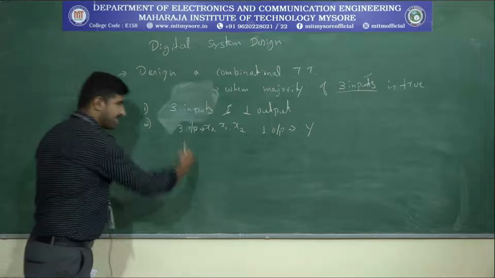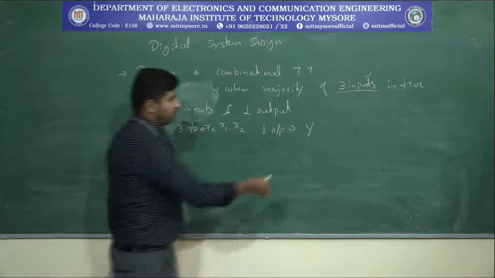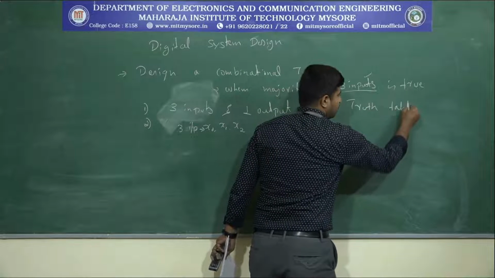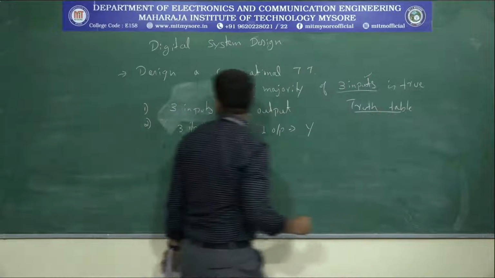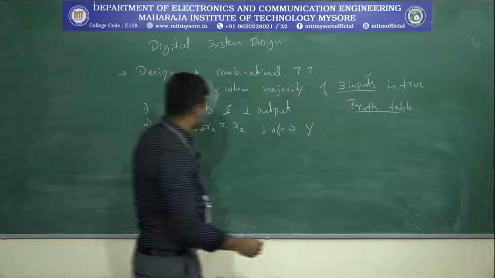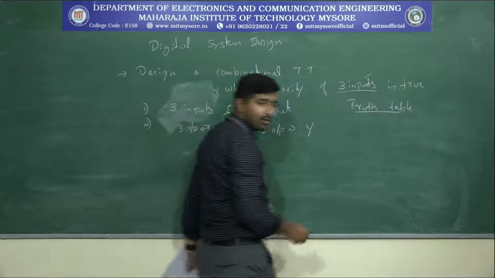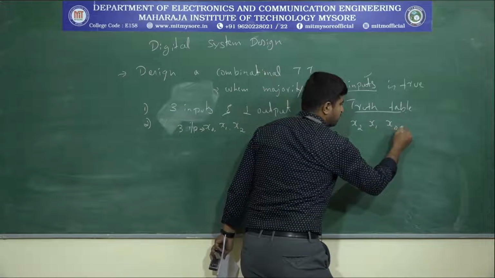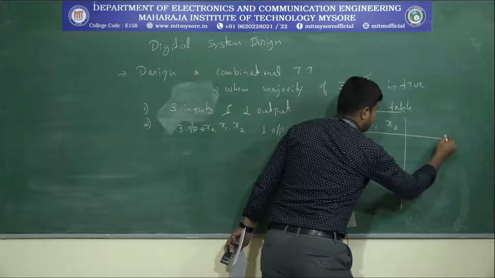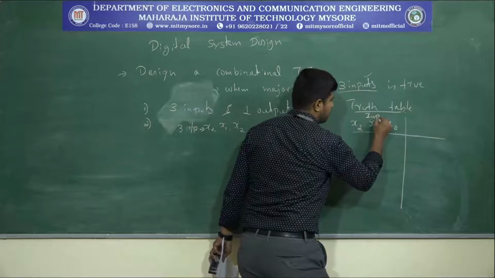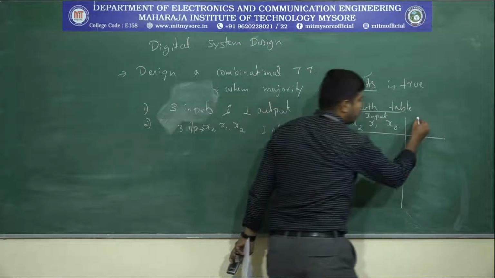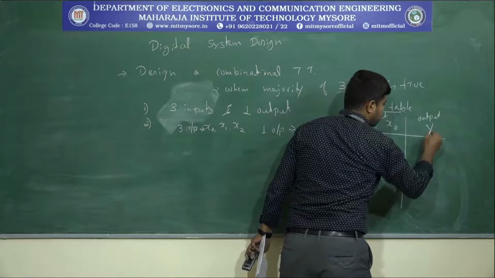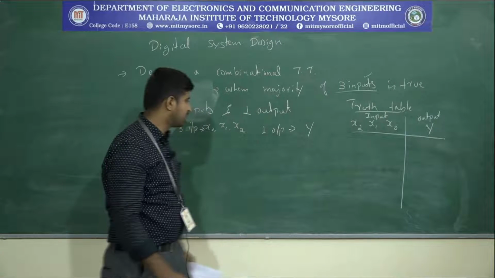Now we need to construct the truth table. I am going to write the truth table here, the truth table for the first problem. We have 3 inputs, so I will write x2, x1, x0. This is the input, and we have 1 output, y. So that is complete.